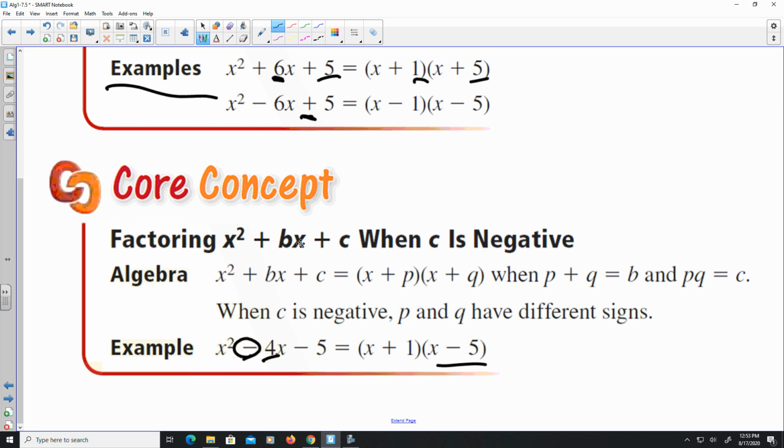If you had an example where it went x squared plus 4x minus 5, you would have parentheses, parentheses, x and x. Minus 5 means the signs are different, but because I have the plus 4, that means the larger number is attached to the plus. So the 5 would go with the plus and the 1 would go with the minus.